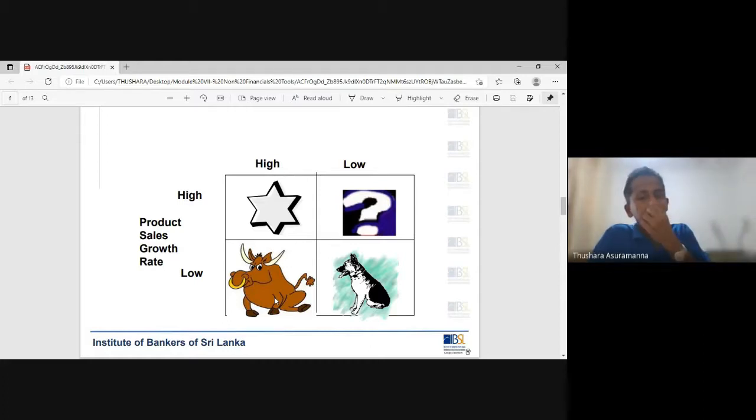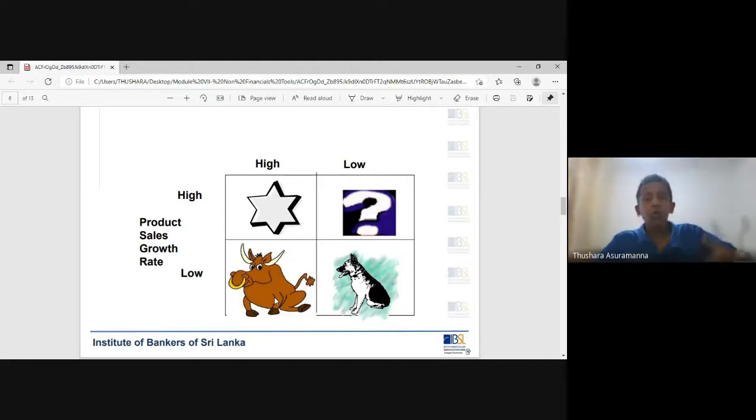And if you're thinking about dogs and the stars, that could be more investment related, because in the future you can get more. If you focus more on cows, that's about at present you are focusing more. So at present, the financing strategy is on working capital. The future financing proposition focus could be capex.